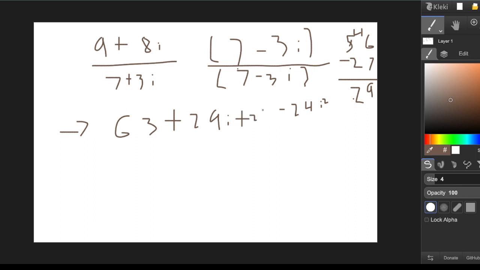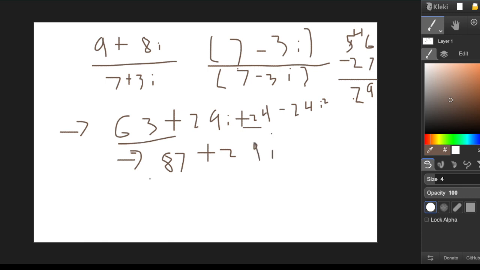Plus 24. Okay. And we can rewrite that. 63 plus 24 is 87. I basically took care of this and this, so it's 87 plus 29i.